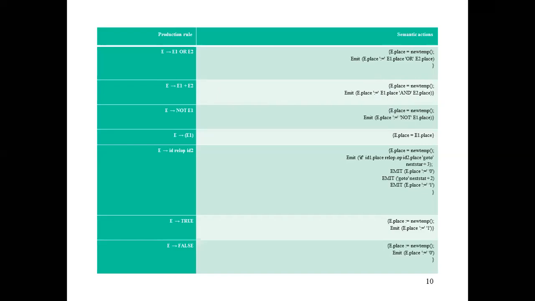Similarly, not E1. Now you can see here emit E dot place, not E1 dot place. You will write it in a similar way, replacing E1 by E1 dot place. Similarly, if there is the involvement of another expression E2, then E2 dot place.